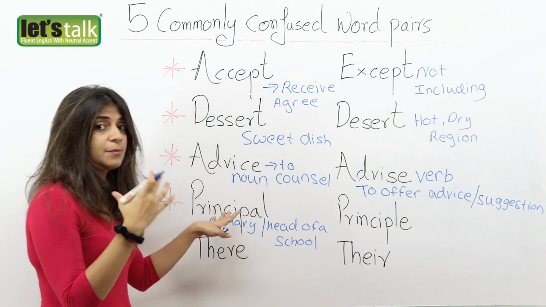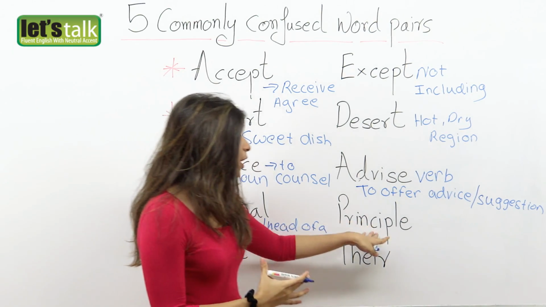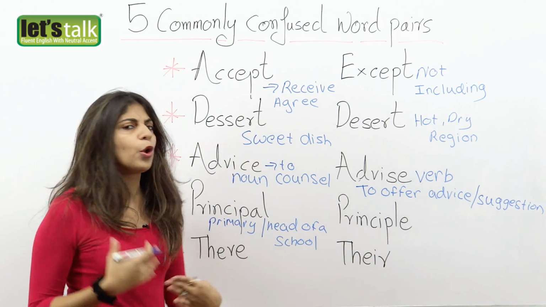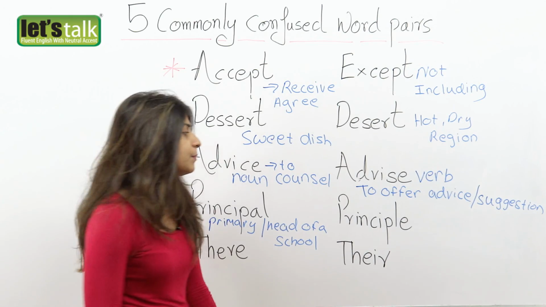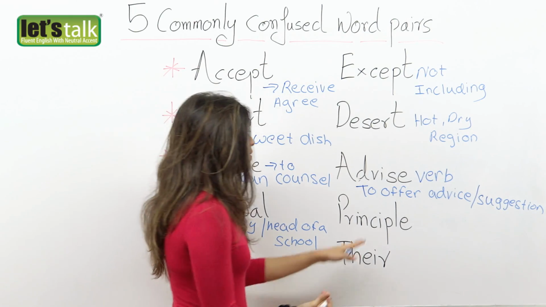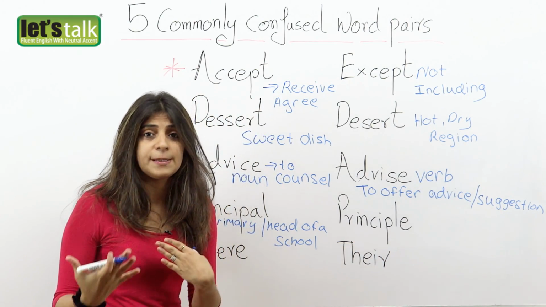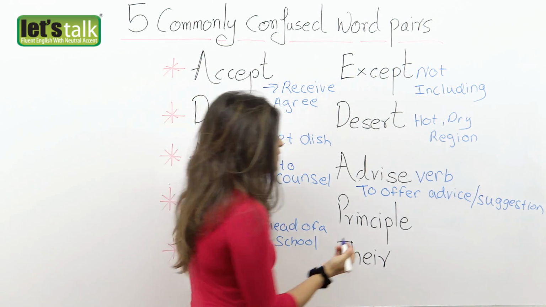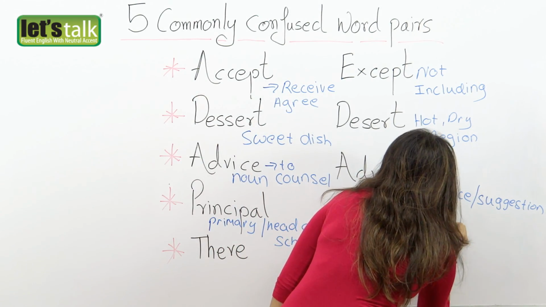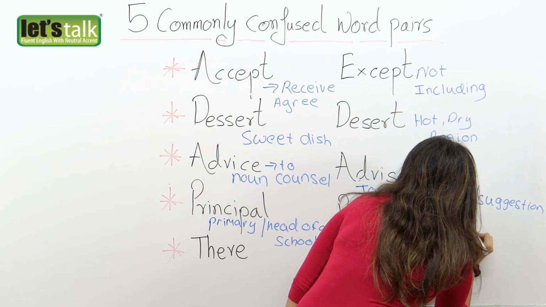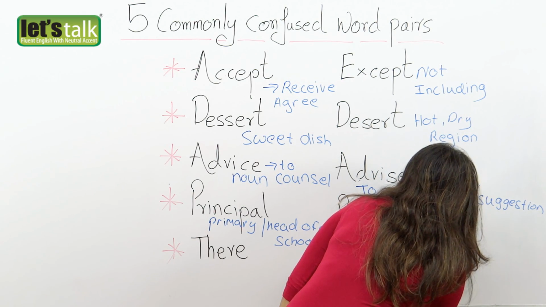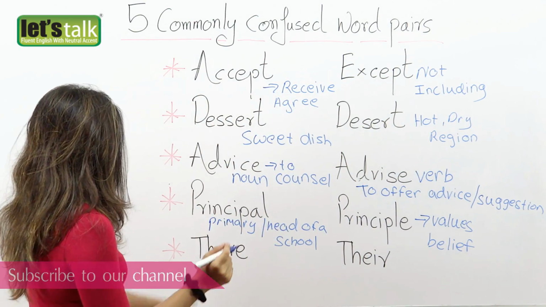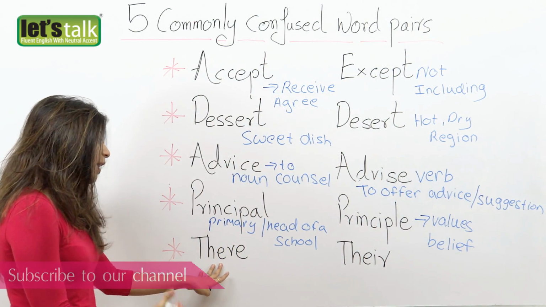So that's principal. Whereas the word principle that ends with P-L-E means your thoughts, your beliefs, your values. So that's when we say my principles. That means your values or your beliefs.